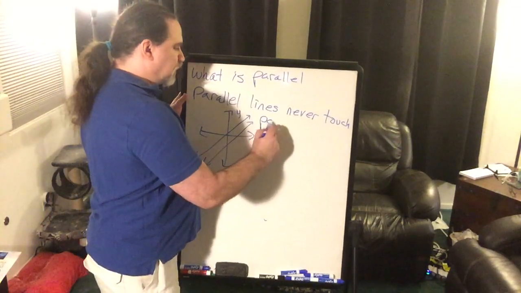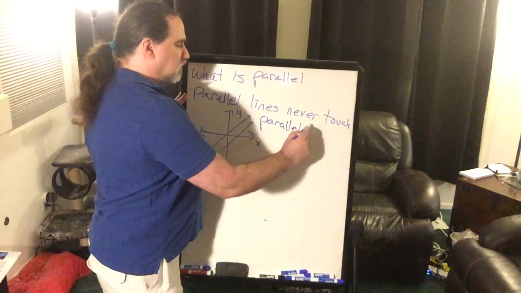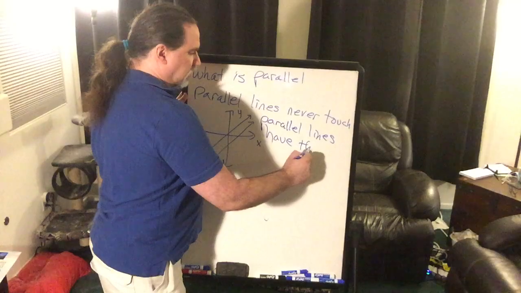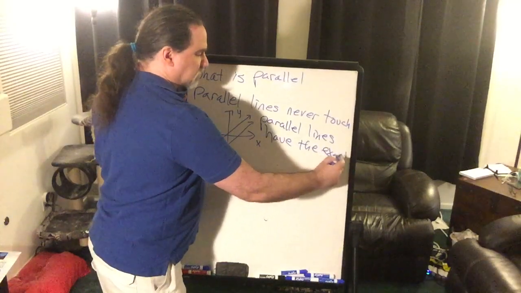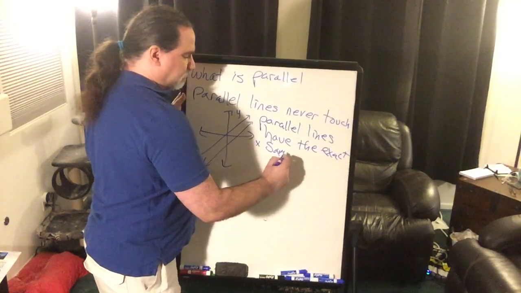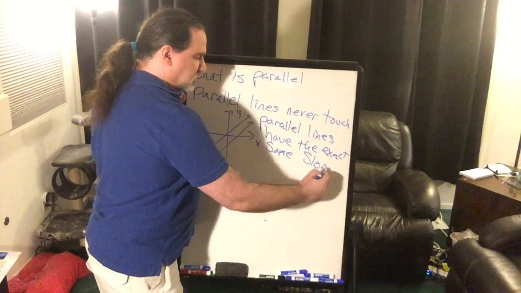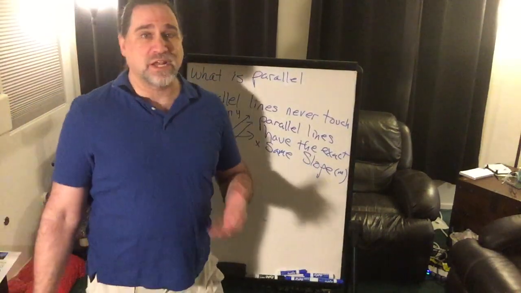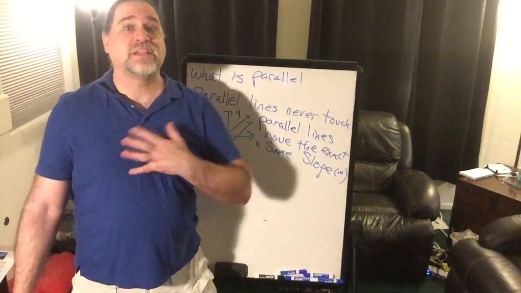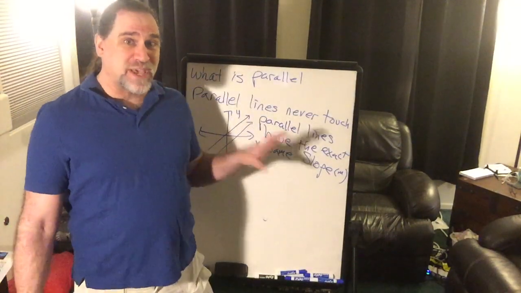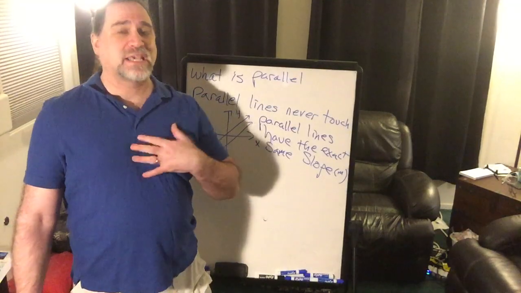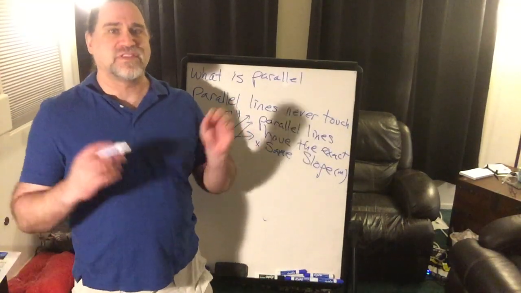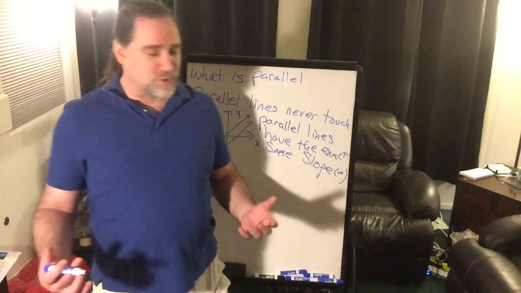Parallel lines have the exact same slope. So now I need the equation of these lines. If I have the equations, I can look at them and tell, hey, that line and that line have the same slope, therefore they're parallel.